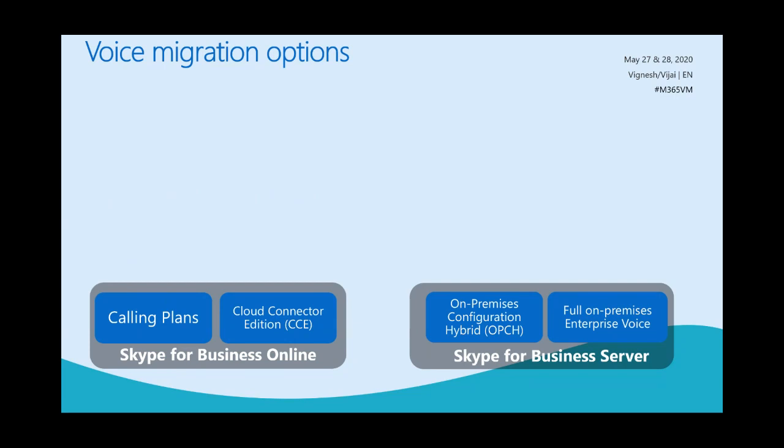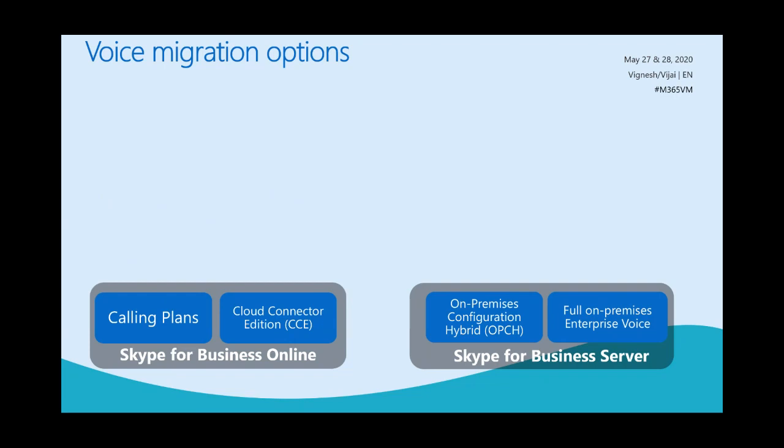The enterprise voice modality would be running in Skype for Business on-prem. You would be doing chatting and things of that sort using the online side, and for the voice functionality, you would use what you have invested in on-prem. That is what we call OPCH.